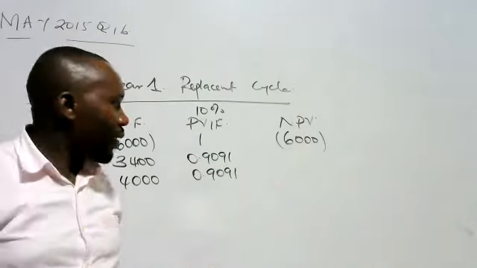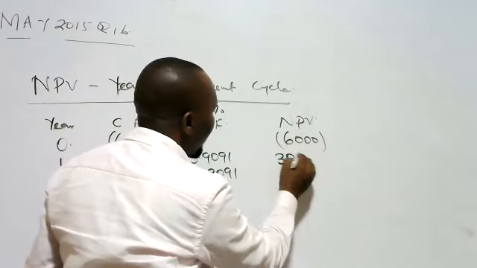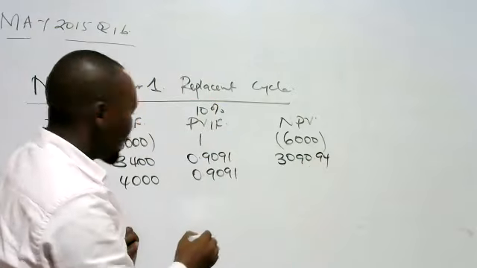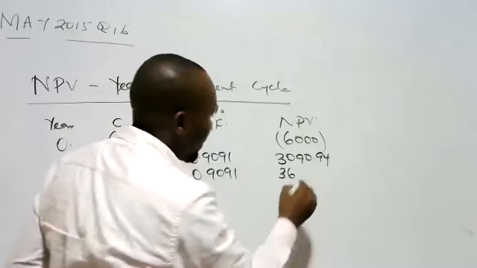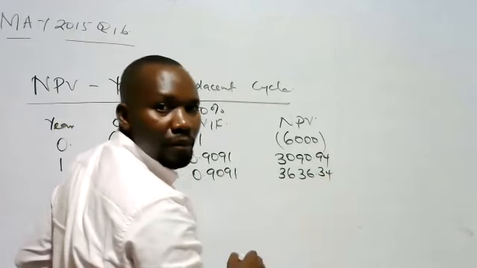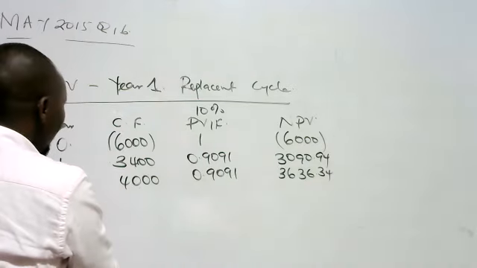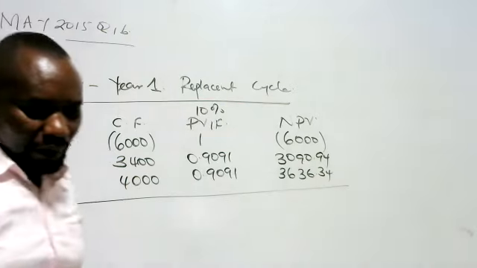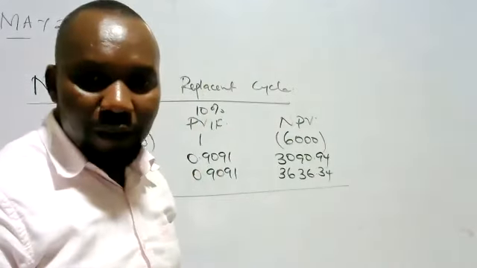Present value for year one. So you are saying that the present value for year one is 30 and 90.94. And then you give me 36. So what are you having after year one? What are you going to have as your NPV?